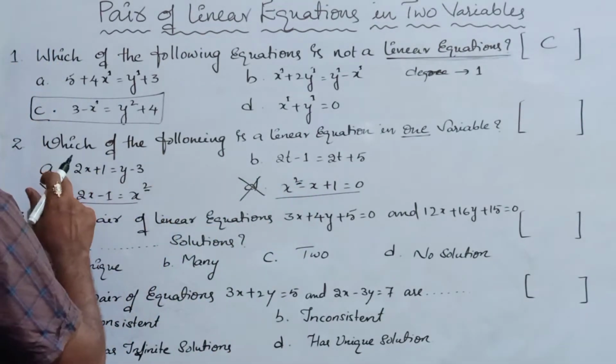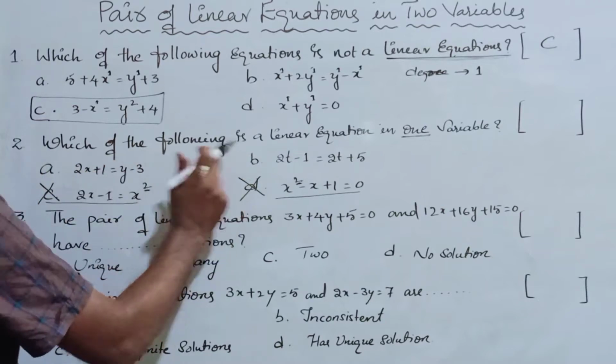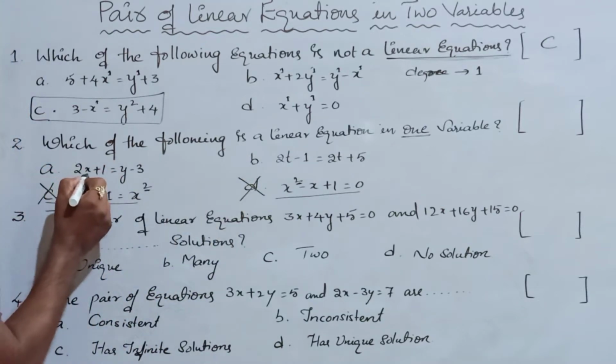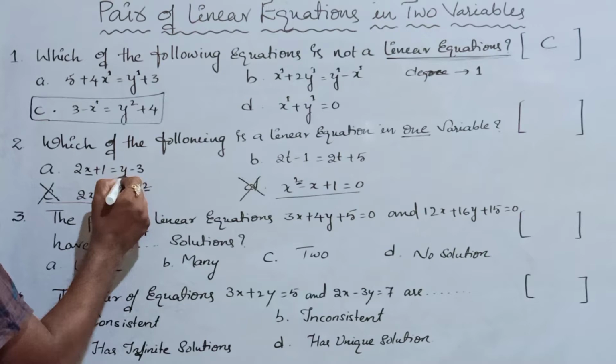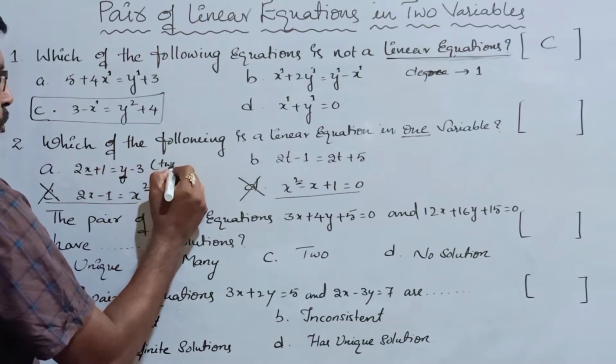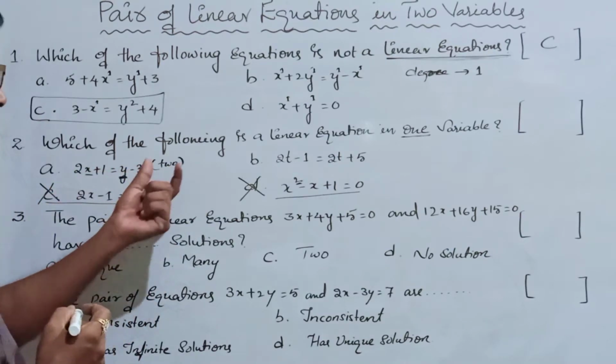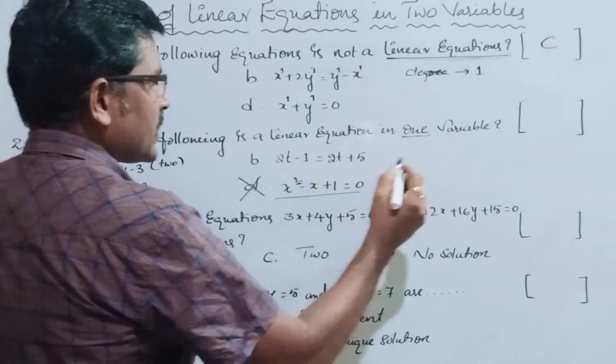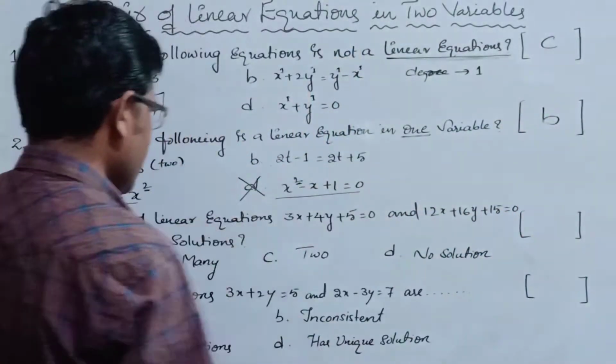Then go through the remaining two options. In the first option, we have two variables, x and y, so the option is B. The correct answer is B.